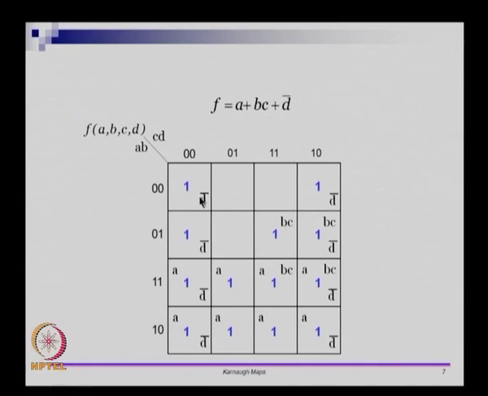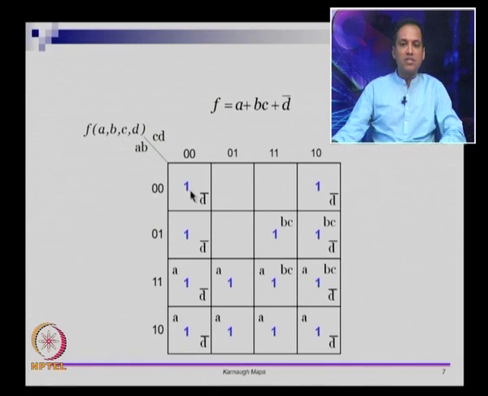For example, in this cell, A is 0, so this is 0, B and C are both 0, so this term is also 0. However, if D is 0, this cell should get a 1. So this has only the information that D bar should be 1 for this cell to become 1, and in this specific case D bar is actually 1. So wherever we have some entry, we make all of them ones.